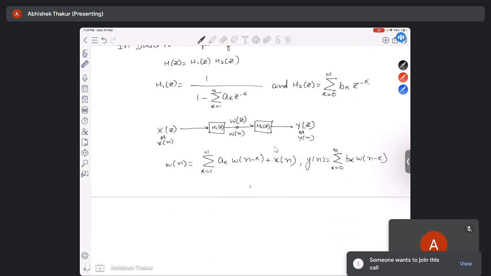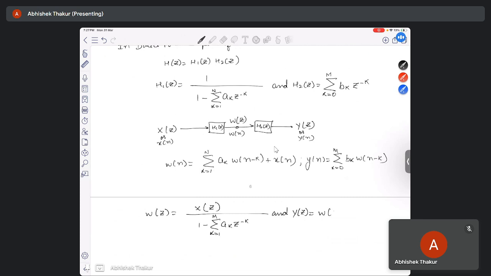Now taking the z transform, we will get W(z) equal to X(z) divided by 1 minus summation of a_k z to the power of minus k, and Y(z) is equal to W(z) times summation d_k z to the power of minus k.